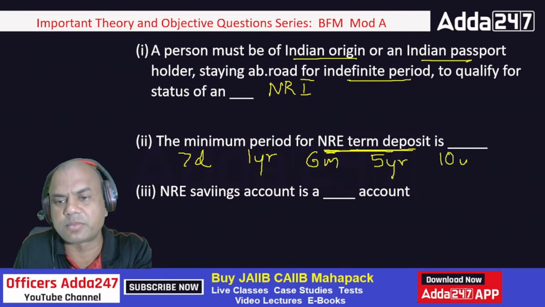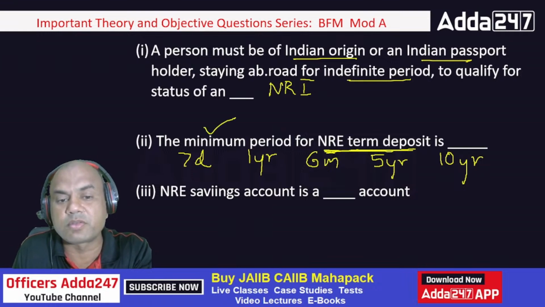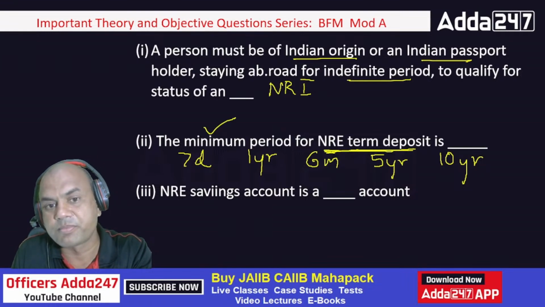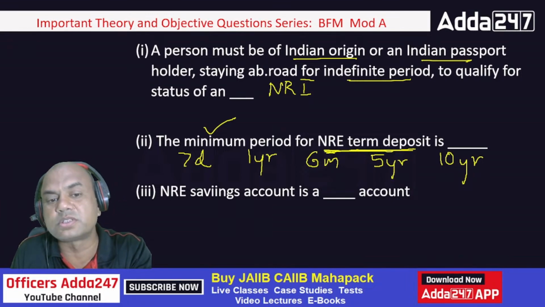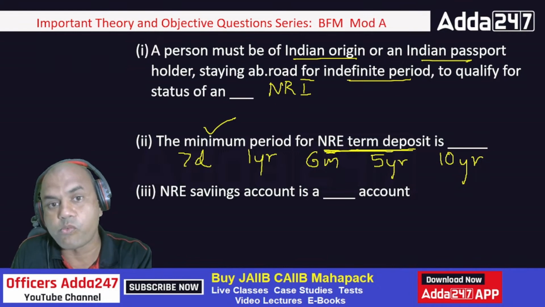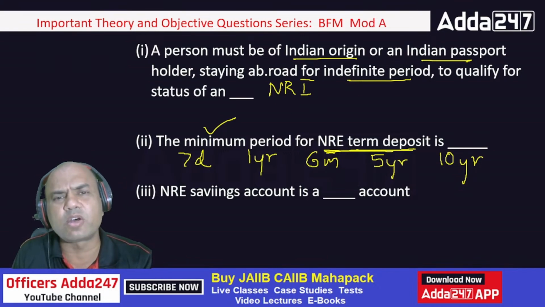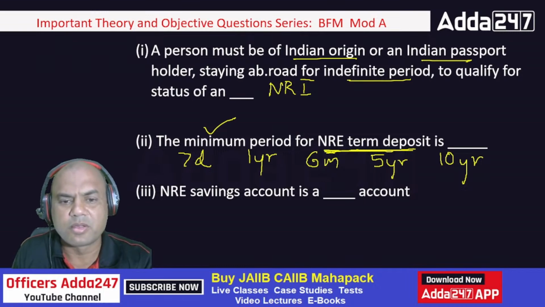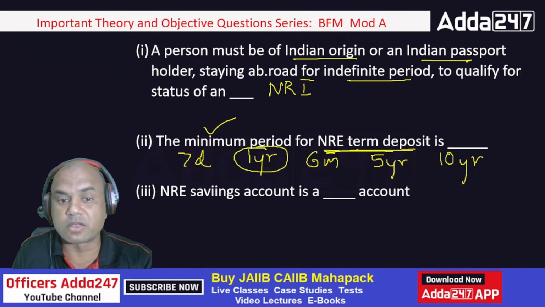Everyone, focus on this minimum. For NRE, many of you are typing 7 days. No, 7 days is for NRO. Normal term deposits and NRO have the same tenure. But for NRE, it is 1 year. Minimum is 1 year, always.